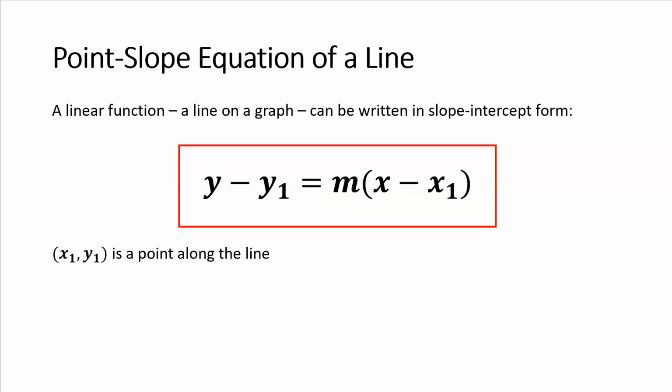And then you have these variables x1 and y1, which are an ordered pair along the line, so just a point along the line, any point at all. So if you know any point along the line and you know the slope, you can write an equation of that line in this format. You don't need that y-intercept.